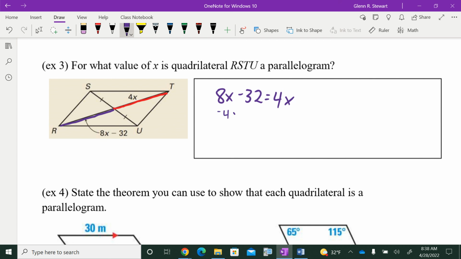Then if I subtract 4x from both sides and add 32 to the other side, so it moves over, I'll end up with 4x is equal to 32. 8x minus 4x is 4x. Add 32 to the other side, it becomes positive. Divide by 4, and x would have to equal 8 in order for this value to be true.